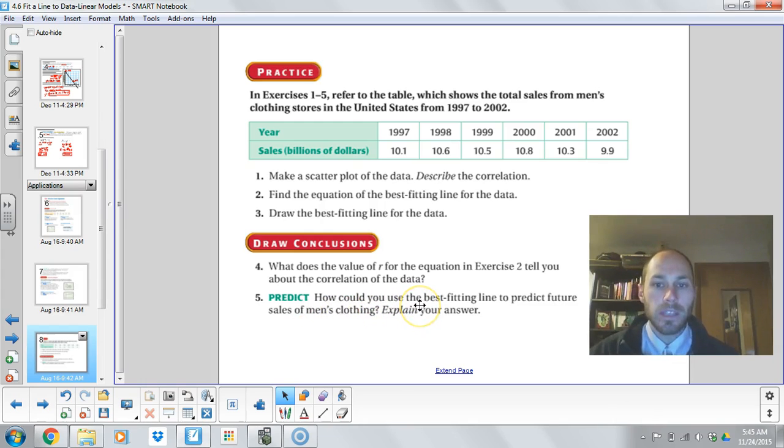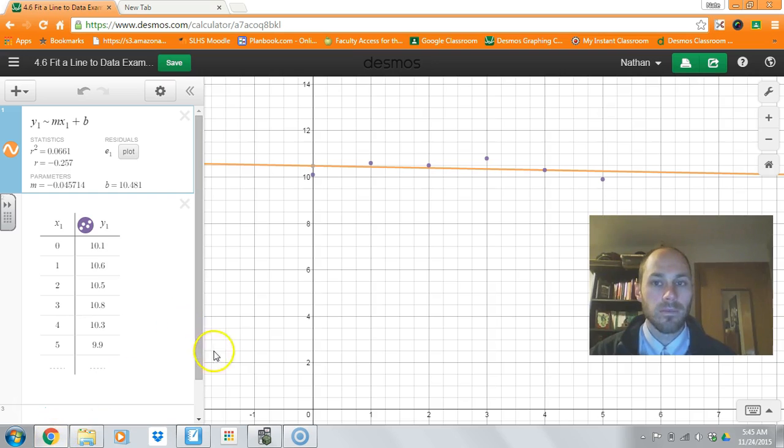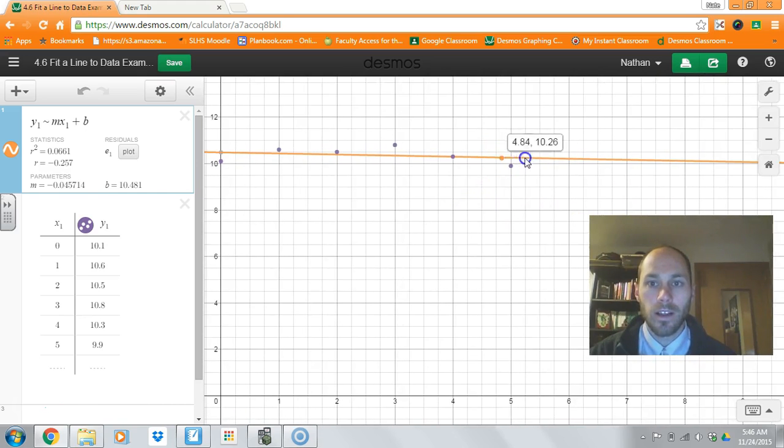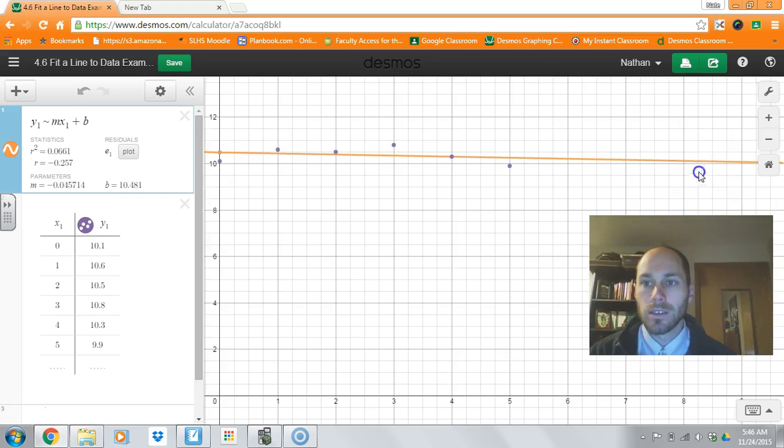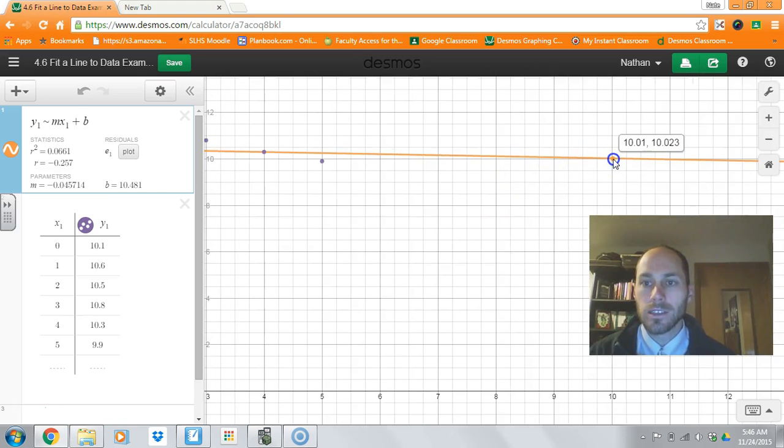Now, how could we use the best fitting line to predict future sales of men's clothing? We take a look back at our calculator, and well, we could drag. Here's the nice thing about Desmos: we can drag right along the line to trace it and say, well, after about 10 years, we'd be at about $10 billion.